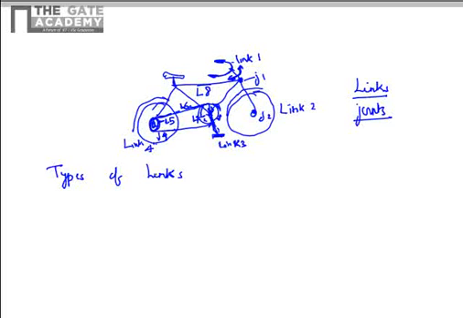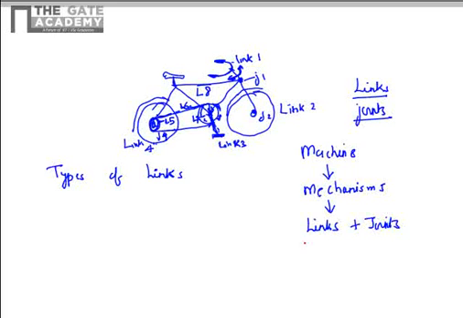You can break down your complex machine into small manageable mechanisms, and these mechanisms you can further break down into links and joints, and then you can analyze each as a single link or joint. That makes the analysis of a complex part possible.